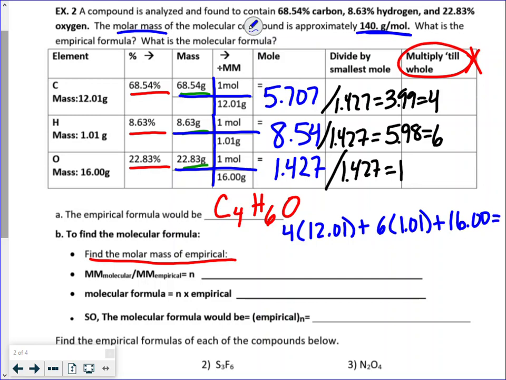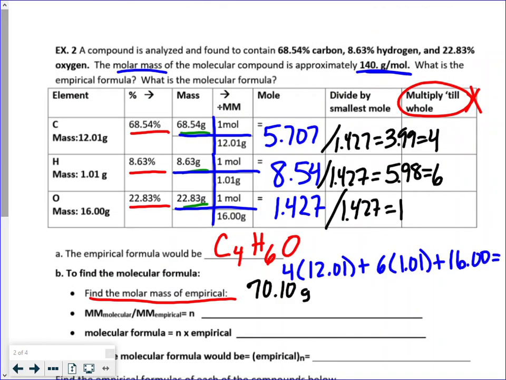So our empirical formula's mass becomes how much? What do we get for that empirical formula's mass? 70.10 grams. So once we get that amount, we refer back to our problem.